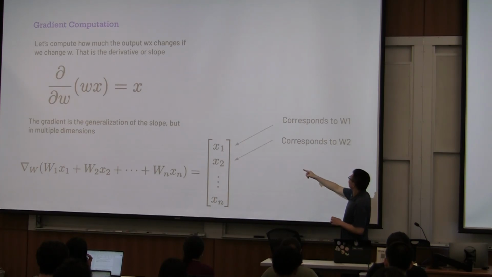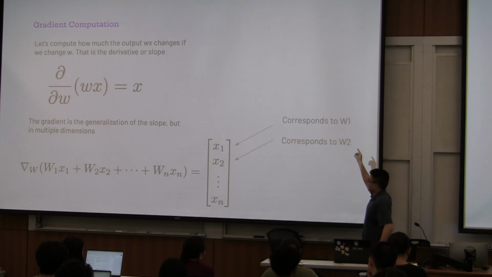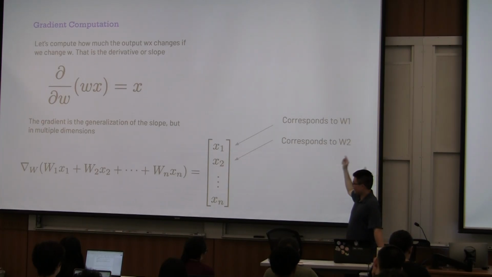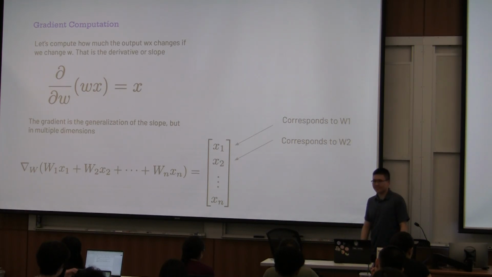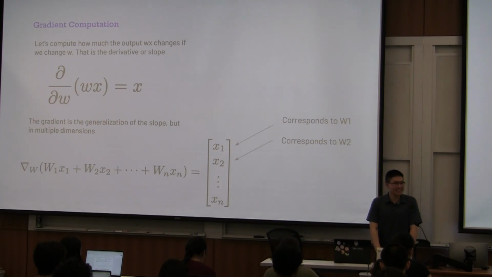So x1 would correspond to the derivative of the output with respect to w1. This would correspond to the derivative of the output with respect to w2, and all the way down to wn, right? So that's the gradient. It's just a vector form of the derivative. Does that make sense? Cool.